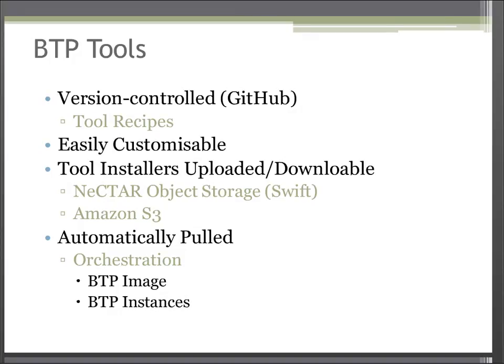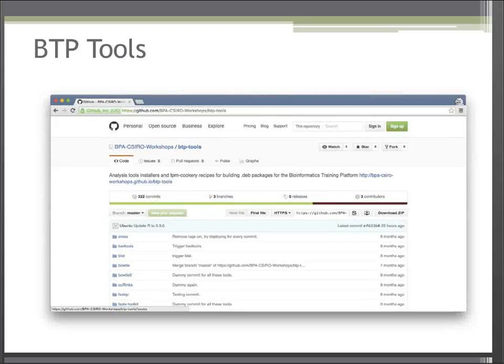For example, if new versions of certain tools are available. So each specific tool recipe can be customized if needed. This is just a screenshot of the tool recipe repository on the BPA CSRO GitHub project.